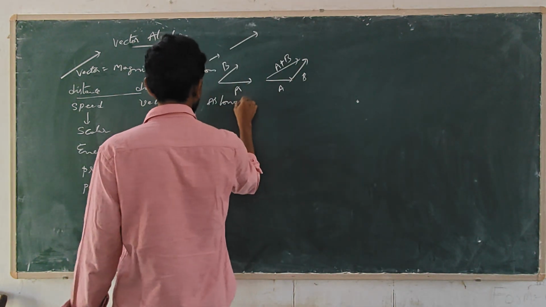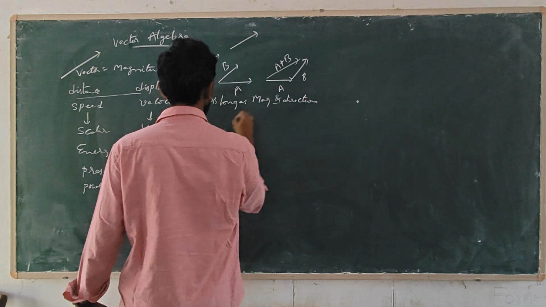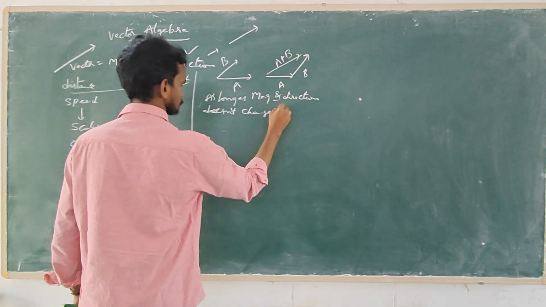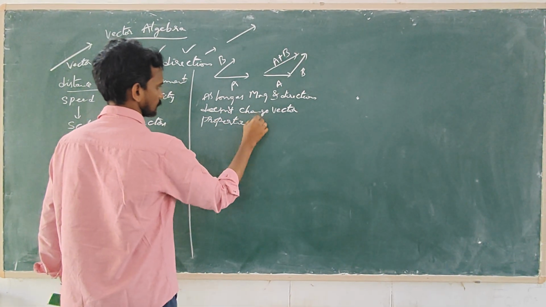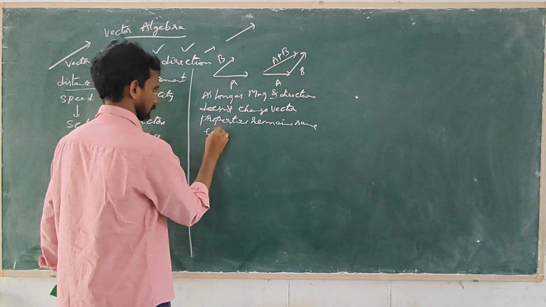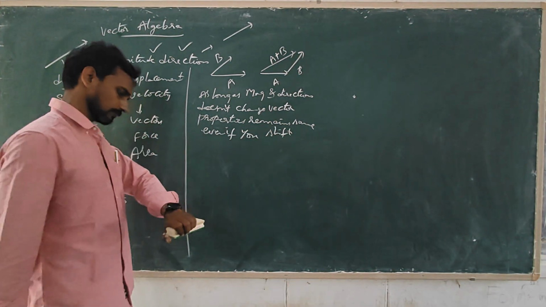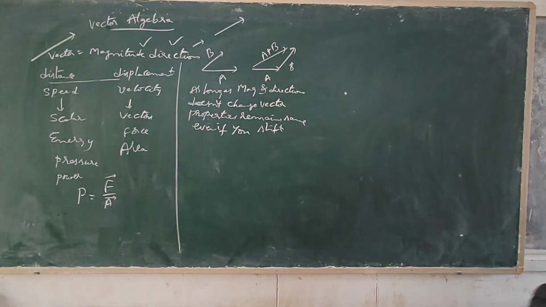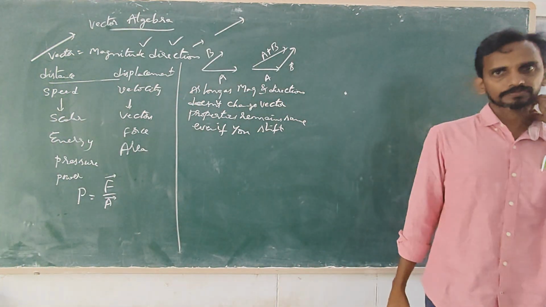As long as magnitude and direction does not change, vector properties remain same. Even if you shift, the vector properties do not change.